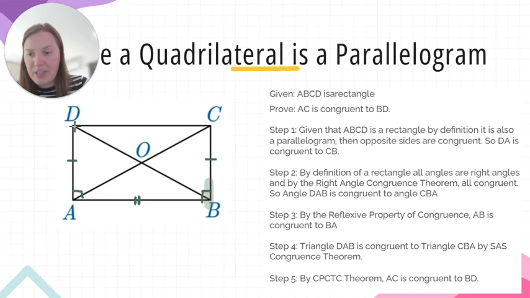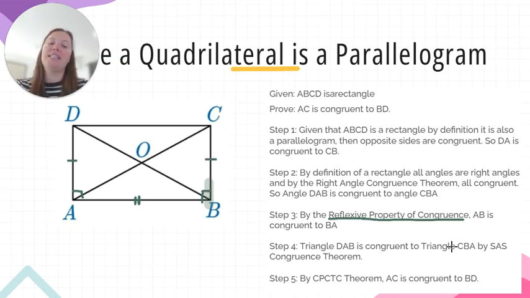If you notice, in triangle DAB we have AB, and in triangle CBA we have BA. We're using the same leg here. And the property that says if two things are the same, then they are congruent, is step 3, our reflexive property of congruence. It shows that AB and BA are congruent to each other because they're the same side, which gives us our side-angle-side. Look at that.